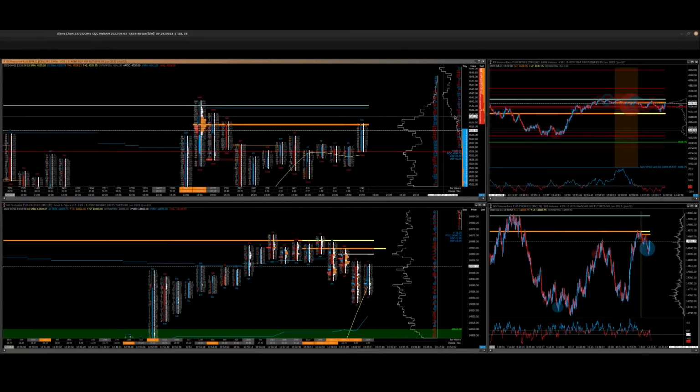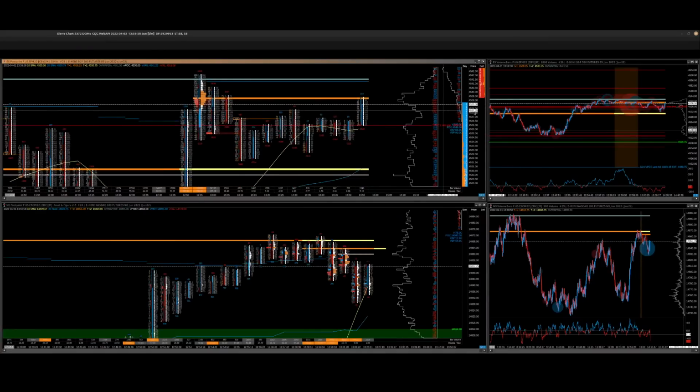Could also do the same thing to the upside. We have all that LVN, low volume node, or area, lack of node above us. So that's interesting too. So it could be interesting tonight, or because we have so much volume here, we could just chop around and do nothing tonight. Lots of potential scenarios.